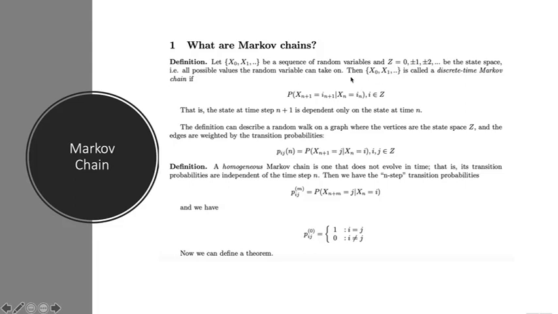Please take a look at this one: P of X(n+1) equals i(n+1), with the condition of X(n) equals i(n). So if you look at here, there is a one-period difference of time, which is 1.